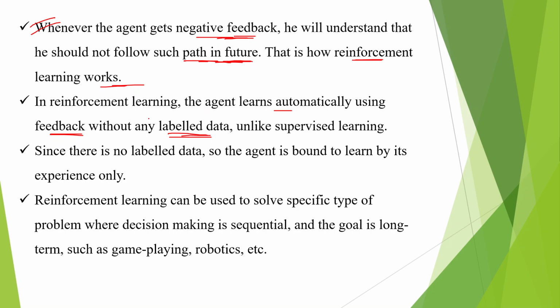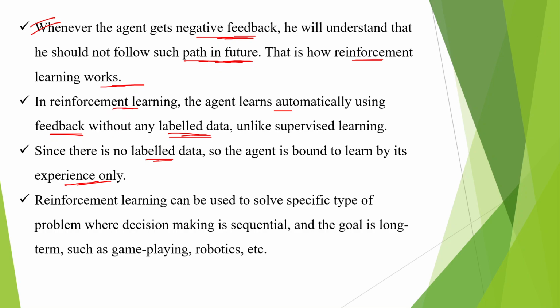Since there is no labeled data, the agent is bound to learn by its experience only. Performing a particular action and learning from the result of that action is nothing but experience-based learning.